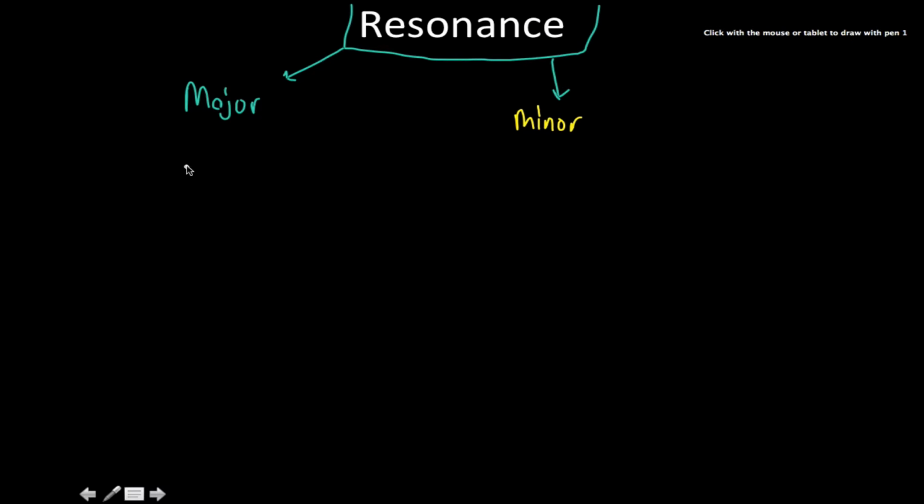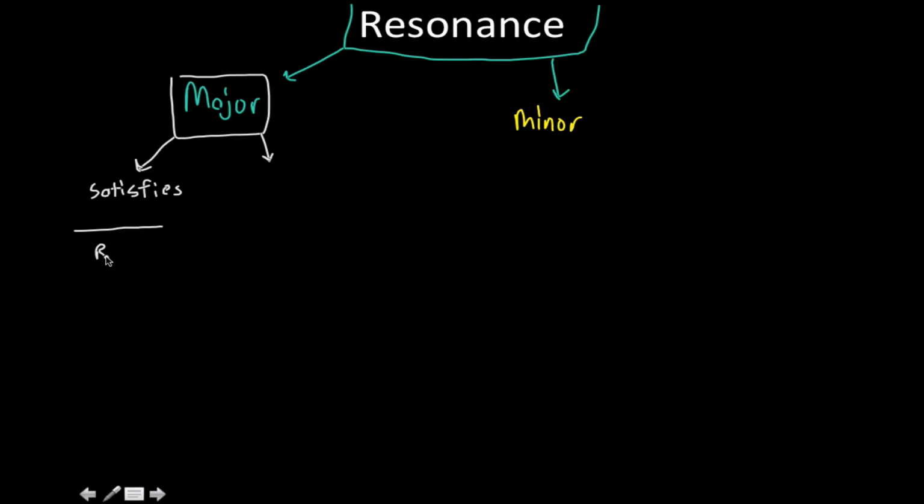With the major structure, there are generally two properties that make it the major structure. It satisfies the octet rule, and I'll write that down in a different color.